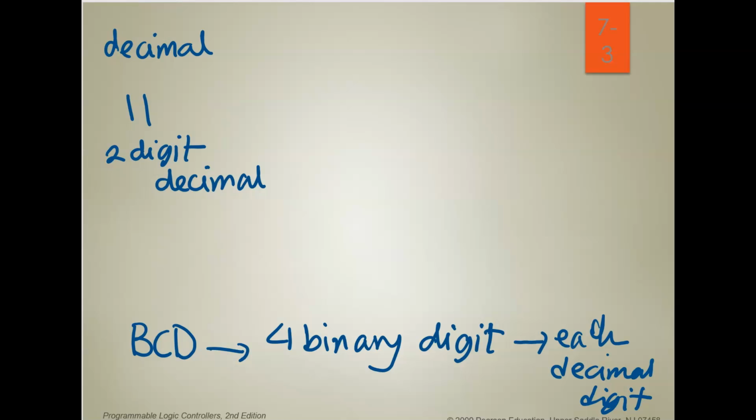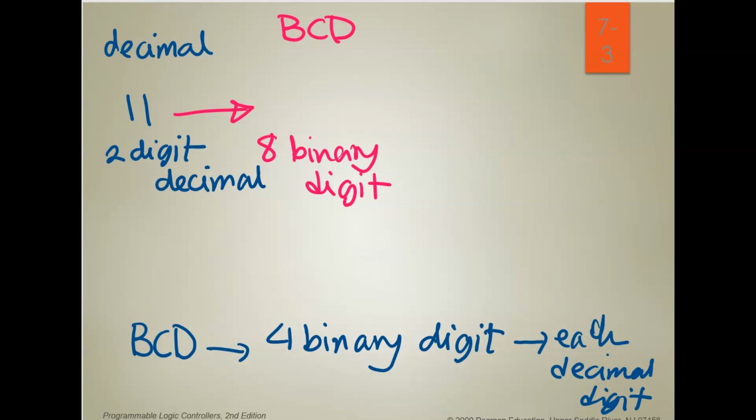So based on this definition, for 2 decimal digit, we need to have 8 binary digit to describe the binary coded decimal.